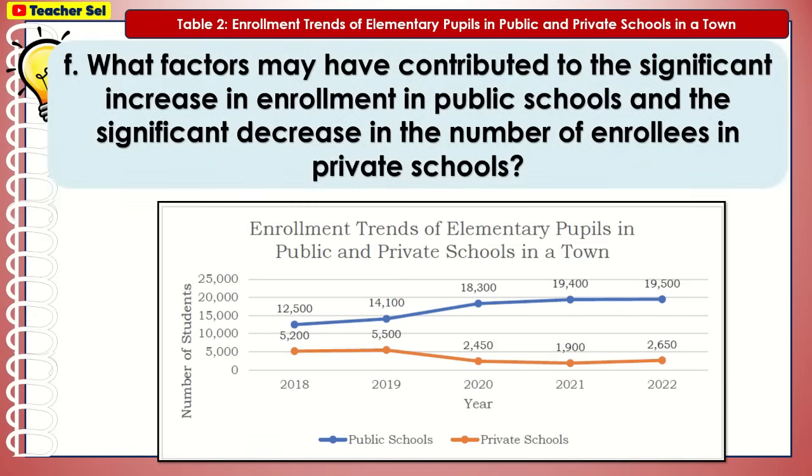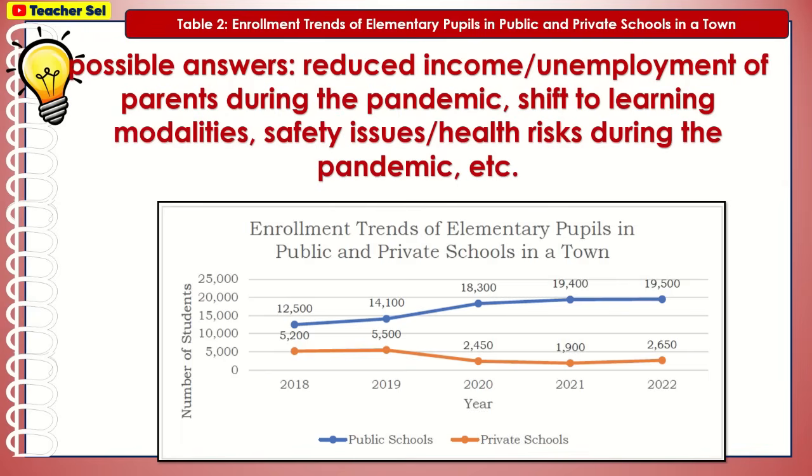What factors may have contributed to the significant increase in enrollment in public schools and the significant decrease in the number of enrollees in private schools? Possible answers: reduced income or unemployment of parents during the pandemic, shift to learning modalities, safety issues or health risks during the pandemic.